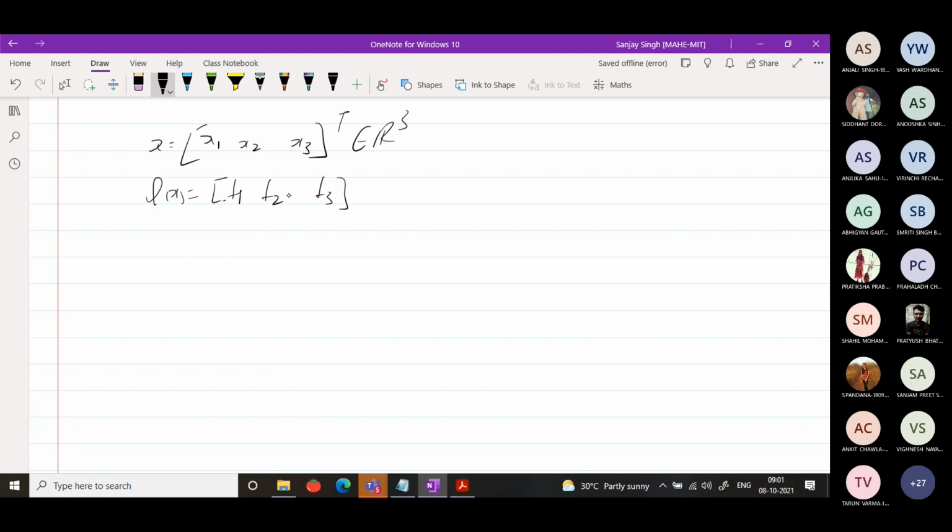I don't know the internal structure of these, but x will pass through f1 and all of it will change as per the f1 requirement.